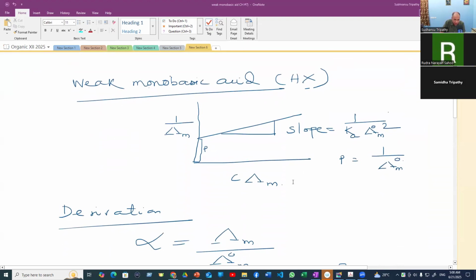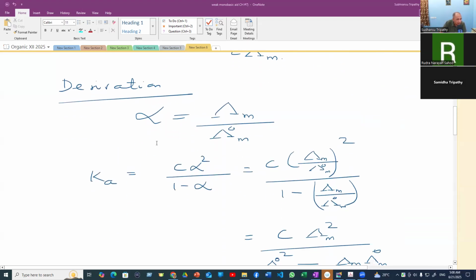Now it looks like this will give you a graph with a positive intercept and also positive slope. The slope is coming this after derivation and the intercept is coming this.